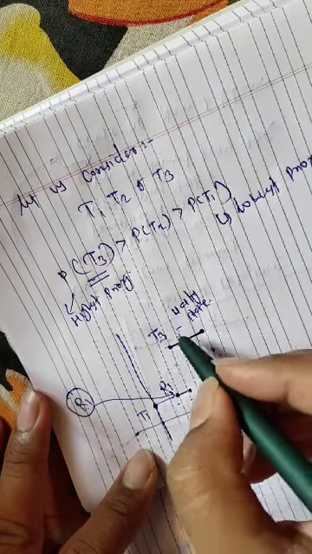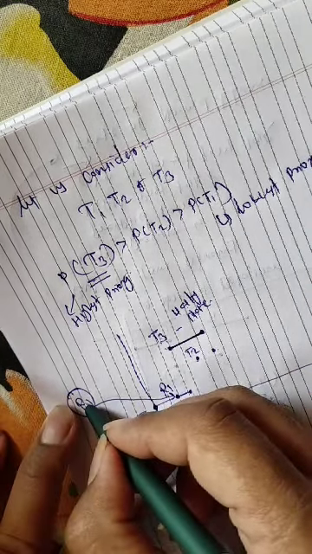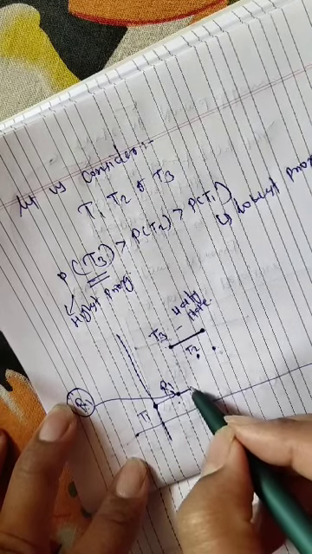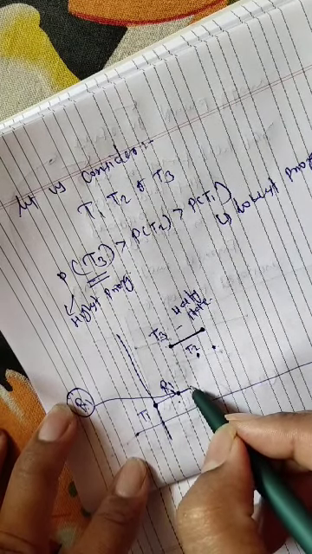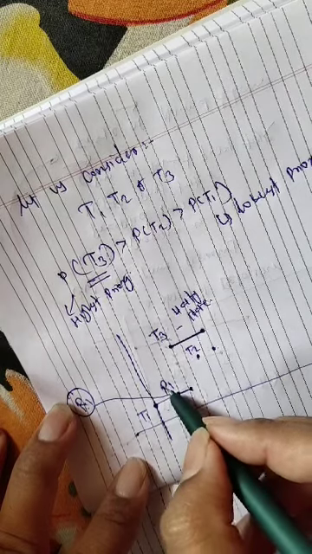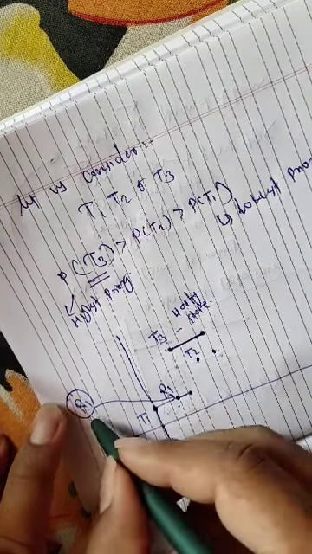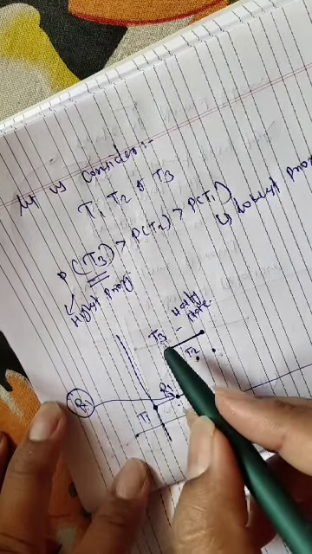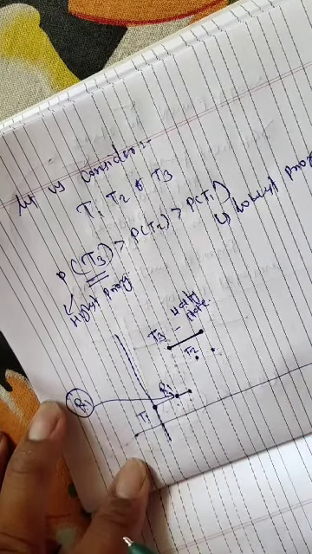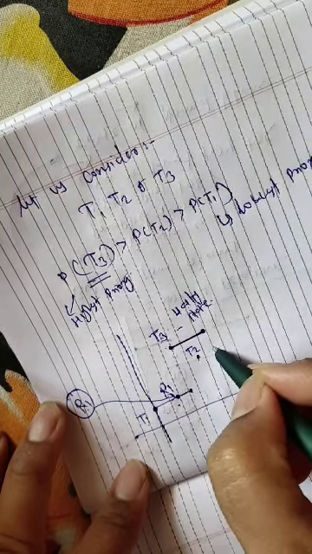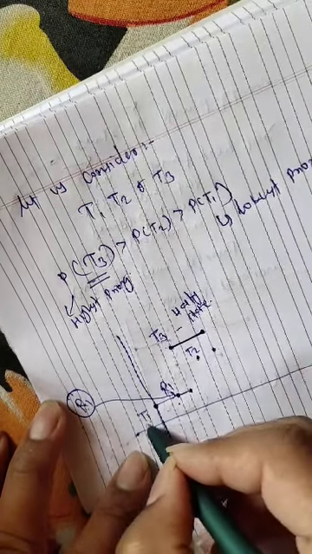T3 can get resource R1 only when T1 releases it, but T1 is also in the waiting state. Therefore T1 cannot release R1, and R1 is not released by T1, so T3 does not get that resource. Therefore T2 starts its execution because T2 has higher priority than T1.